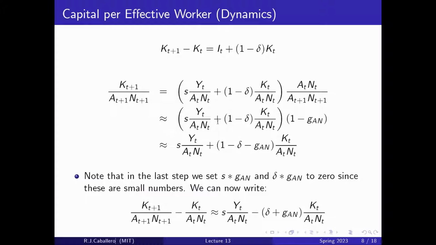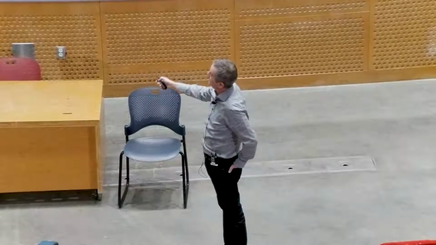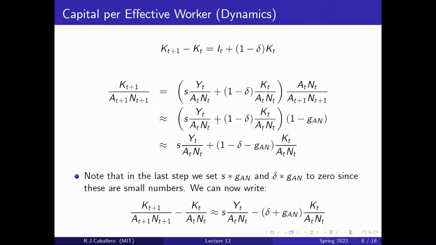That doesn't change. But what I'm going to do now is, rather than dividing by N, I'm going to divide by A times N. So, the same as I did earlier in this lecture, I now want to divide by AN. So I get capital per effective worker on the left-hand side. I don't like what I get here, but you know that I can divide and multiply by AN over AN. So I can write the right-hand side, after doing all my substitutions, as this. Okay? So first, step one, I divided everything by A_{t+1} times N_{t+1}.